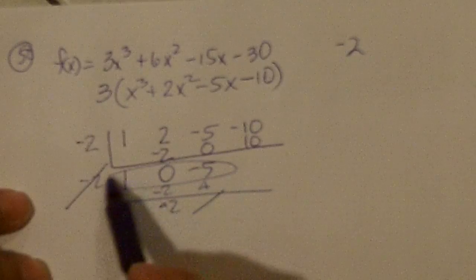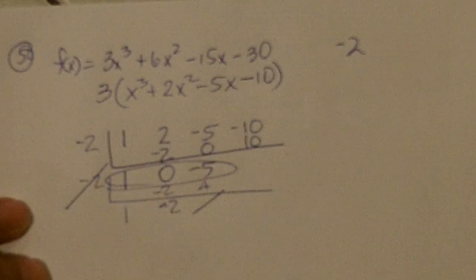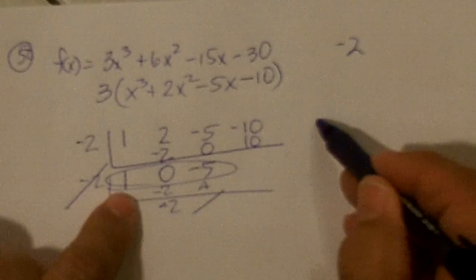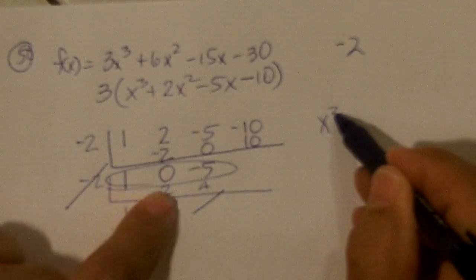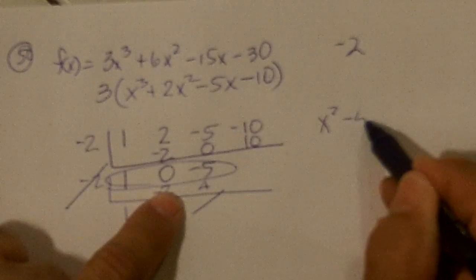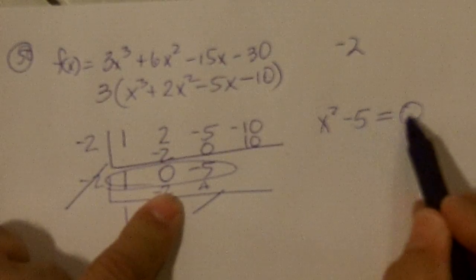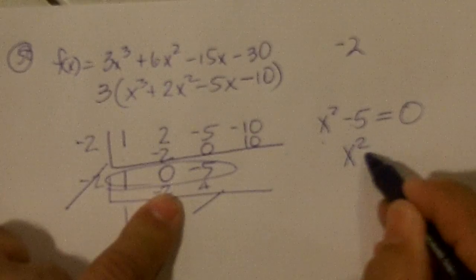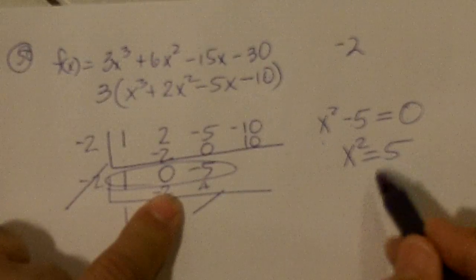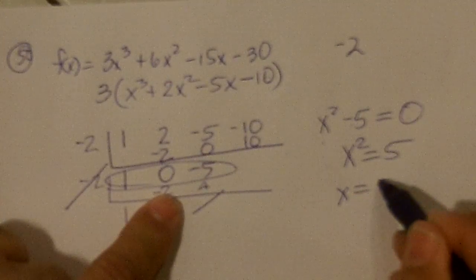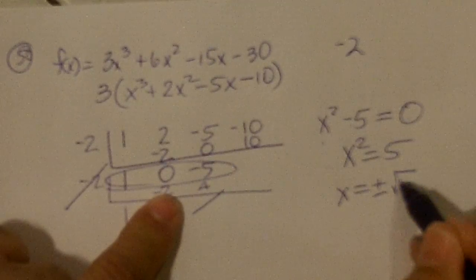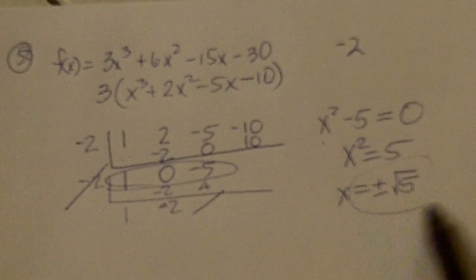But this is a quadratic, and we can find those real zeros by just, see, that says 1x squared plus 0x minus 5, and we're trying to make it equal to 0. So if we add 5 to both sides, we get x squared equals 5. Take the square root, and we get x equal to plus or minus the square root of 5. So now we know all three of them.